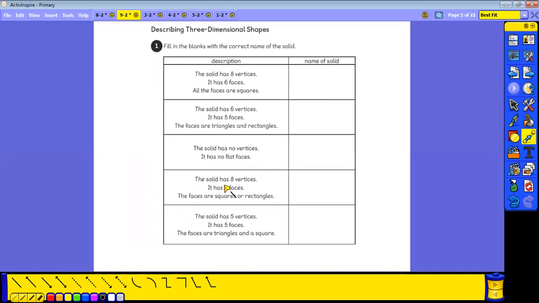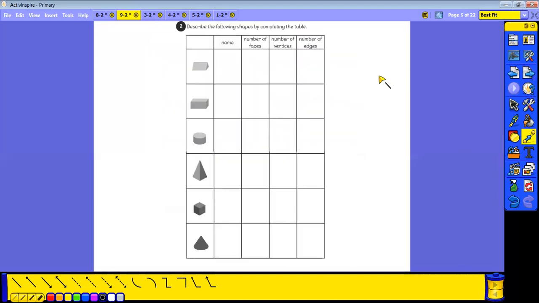And the next one, the solid has 8 vertices, 6 faces, and the faces are squares or rectangles. And finally, for this table, the solid has 5 vertices, it has 5 faces, and the faces are triangles and a square. Okay, so if you can figure out the description and name the shape here.